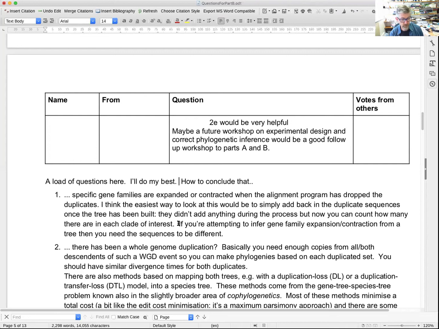to finish off would be simply that you don't sample every copy of some duplicate genes. And that will give rise to a disagreement, particularly after duplication has happened.